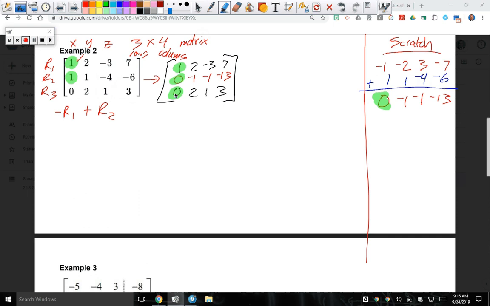Yes? On the scratch work, the 3 is not negative. So a 3 plus, no worries, the 3 plus a negative 4 is going to become a negative 1. Oh, no. No, this is a very, very good question because it's a common mistake.